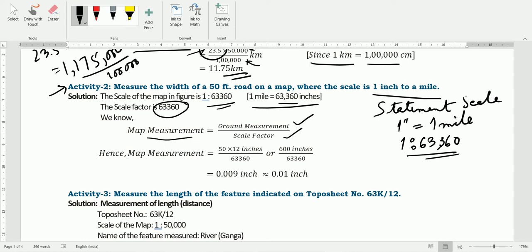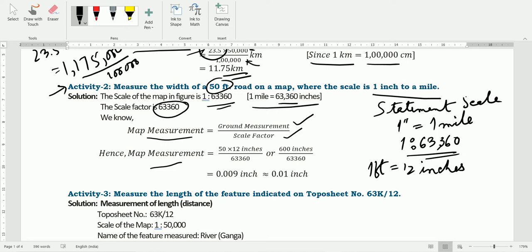So here, map distance is equal to 50 feet multiplied by 12 inches, because 1 foot is equal to 12 inches.